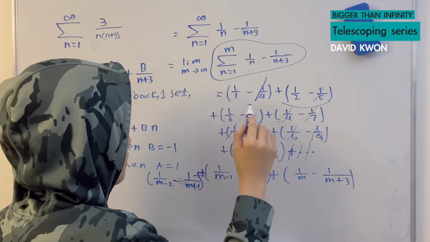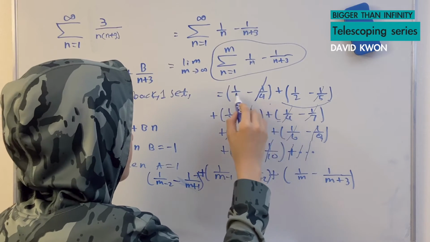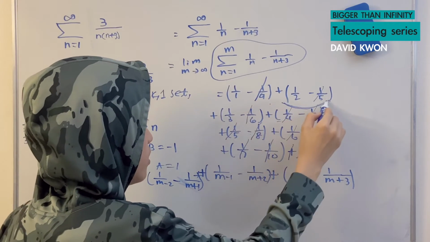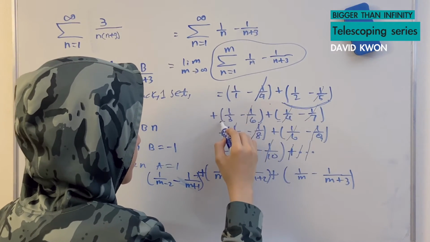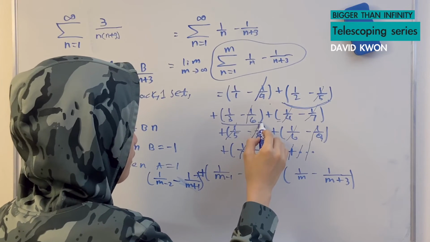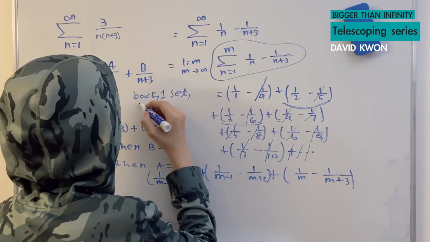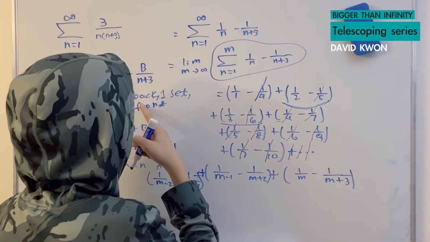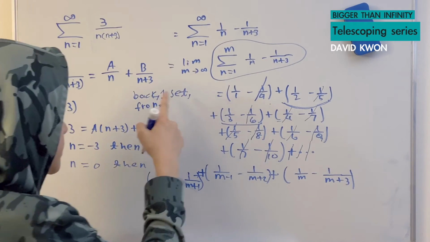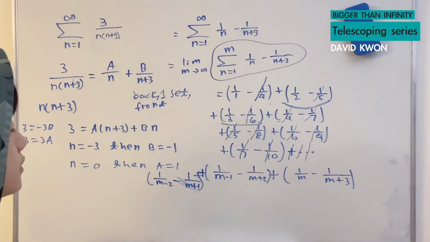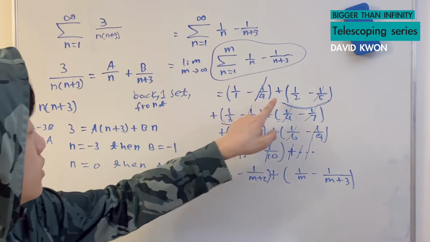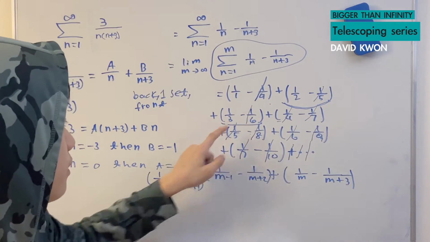Again, this is our first set. From the back number, we skipped one set, and then from our next set, we canceled off by the front number. So back, one set, front.